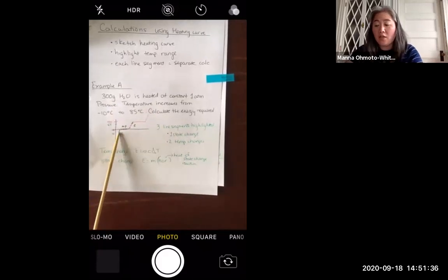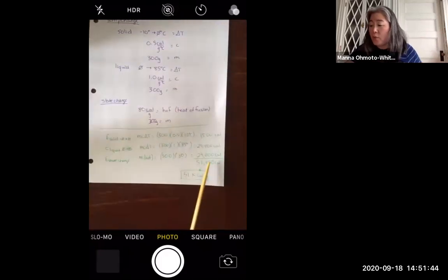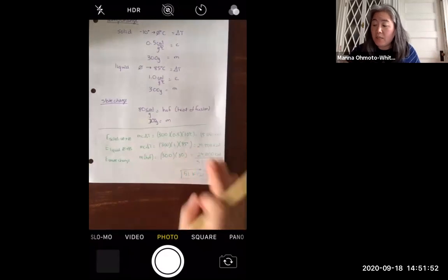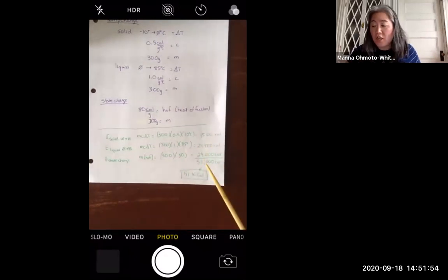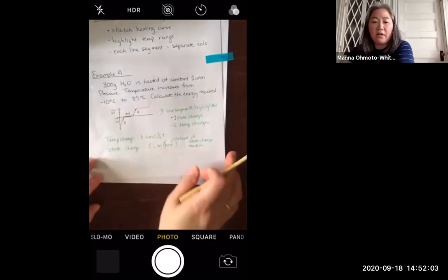One, each state of matter has a different C, and two, I use a lot of energy, in fact 24,000, almost the most amount of energy, going through the state change from solid to liquid. So if I neglected this and I simply did the temperature changes, I would be grossly underestimating the amount of energy it would take to take 300 grams up from -10 to 85 degrees Celsius.